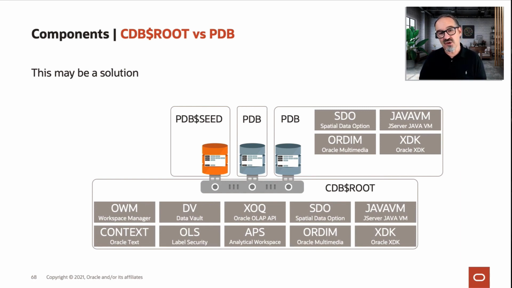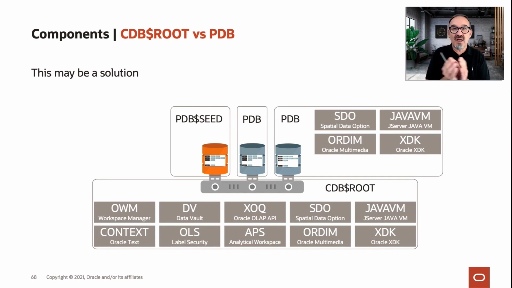So a workaround may be to create a CDB root with all the components, but make sure during the creation in DBCA, the Database Configuration Assistant, that you tick off the boxes for include in PDB, because then the PDB seed won't have them. And when you provision a fresh PDB, it has no options except for the standard options.